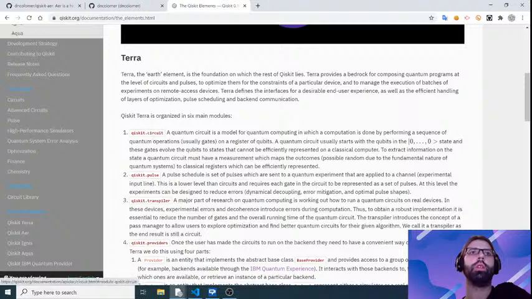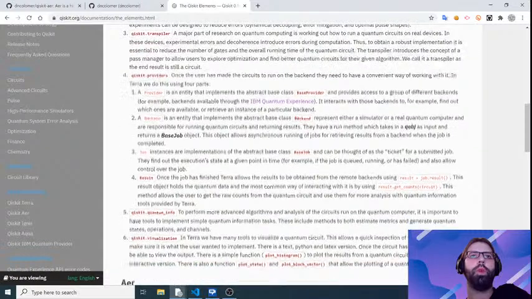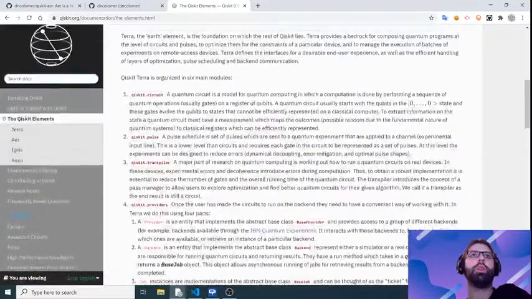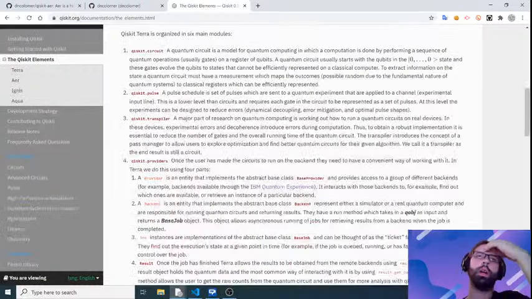So it's got circuit, it's got pulse, the transpiler, and then the whole provider thing. Okay, and the simulators are in another package, and then quantum info. Oh, so visualization stuff is also in here. Okay, so Terra is kind of the basics really.